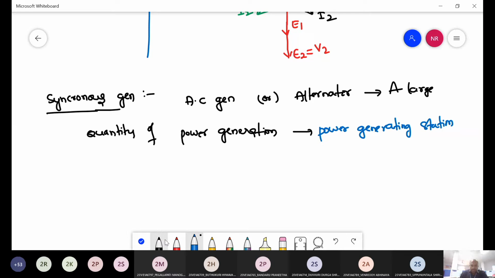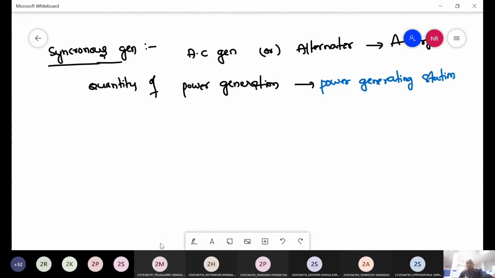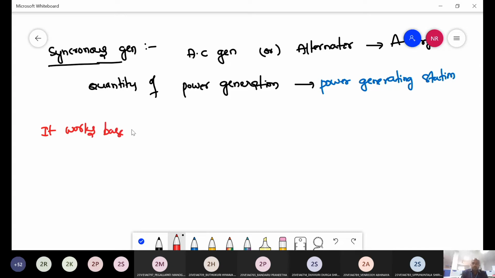So here, the difference between DC generator and AC generator is, either it is AC generator or DC generator, it works based on Faraday's laws of electromagnetic induction principle.